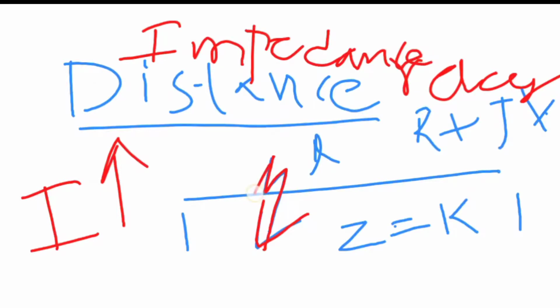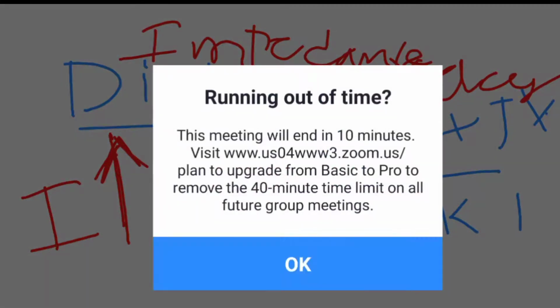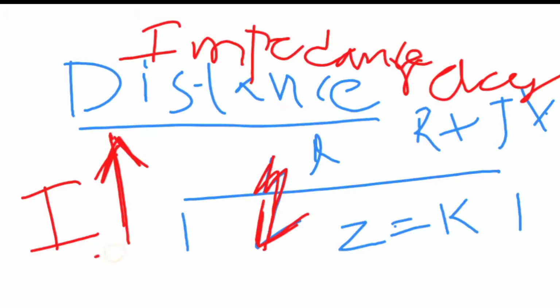Whenever a fault occurs in the transmission line, the current will increase. Distance relays are employed for feeders also. Impedance is the ratio of V by I. What is the relation between impedance and I?